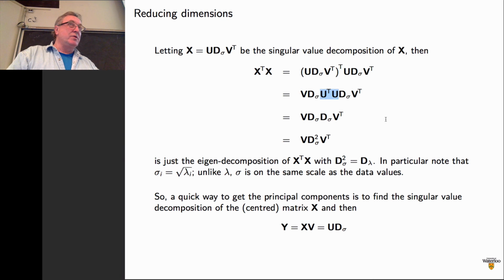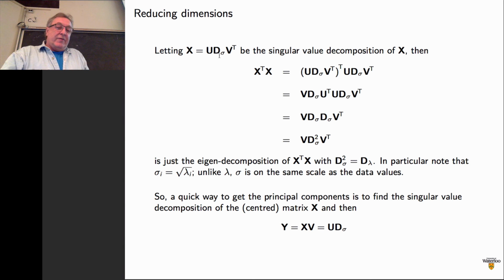U transpose U is the identity. D sigma times D sigma, that's a diagonal matrix multiplying itself, so it's just the diagonal matrix of the squares of the sigma i's. And that looks like our eigen-decomposition. So the singular values are connected to the eigenvalues of X transpose X. Singular values are going to be the positive square roots of the eigenvalues.